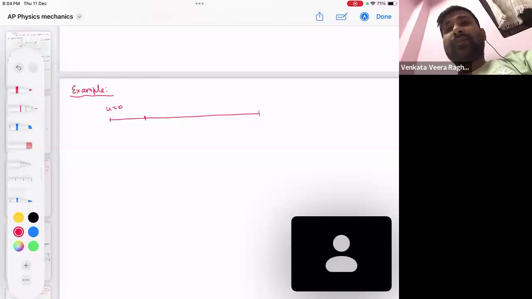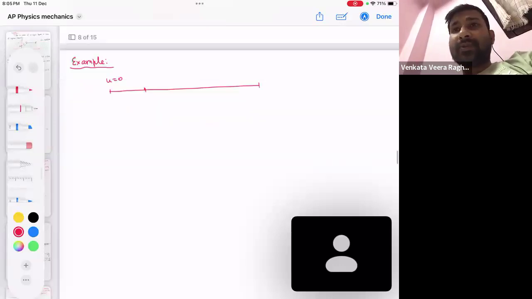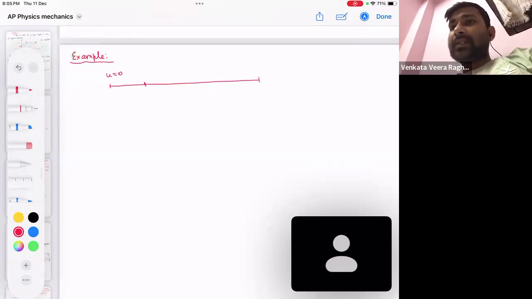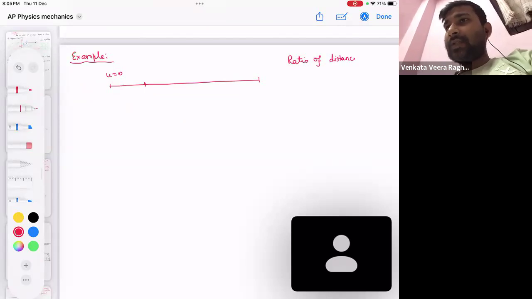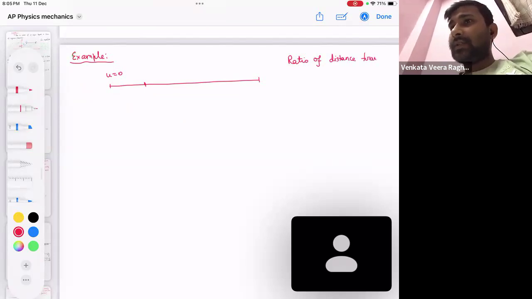Like that we have to calculate it. Or better to say, the ratio of distance traveled in 1 second intervals.